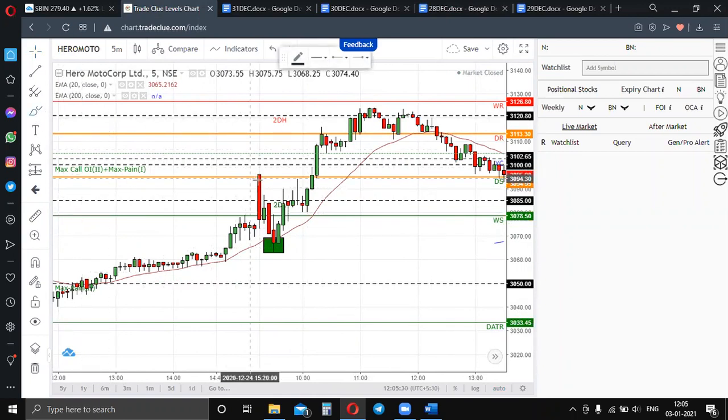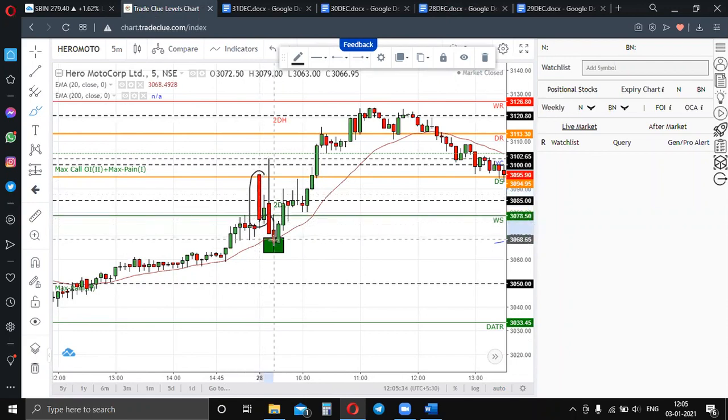First thing, there was a very huge red candle. It then started going further down. But what happened? It retested that zone and quickly came up, and it started going sideways. This was the consolidation after a solid candle formation. Moreover, this dotted line or box started appearing at the bottom. So this is the confirmation that we get that solid buying happened in this zone.